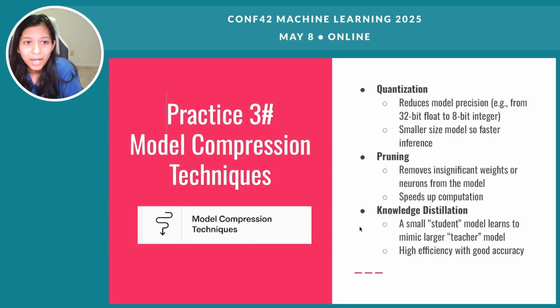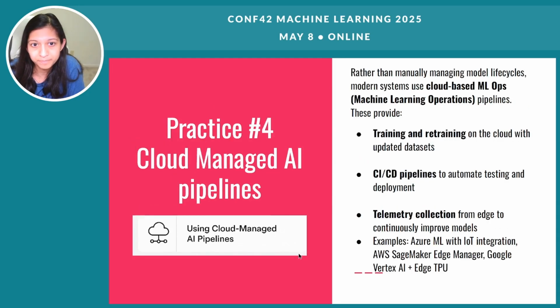In this way, you also get higher efficiency with good accuracy as well. So these are some of the techniques that are used in order to support the model for the edge AI scenario.